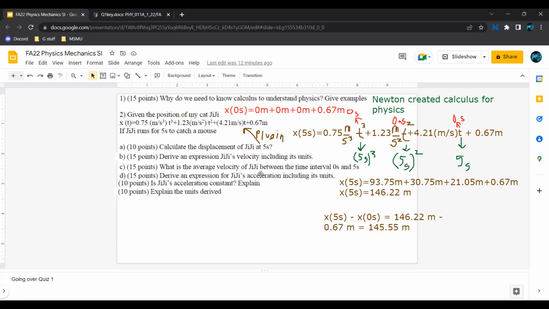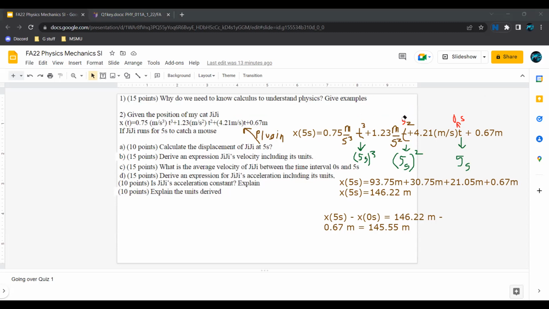So then it asks us to derive an expression for Gigi's velocity. So I'm gonna go ahead and erase some of this. I'm just gonna keep the formula here for displacement, because from the displacement formula, we can derive our velocity.